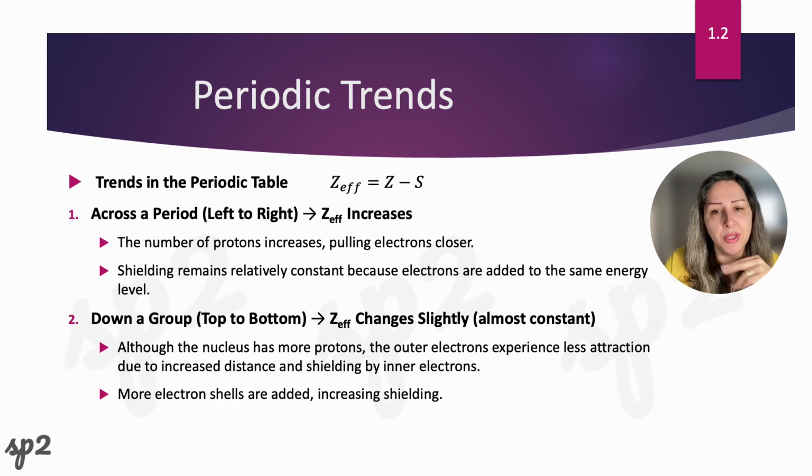But you can also say that you get more core electrons, so the difference is going to be a lot smaller. So the significant change in our Z effective always happens when we are moving from left to right of the table. Now, let me show you a practice. Follow me on the next page.